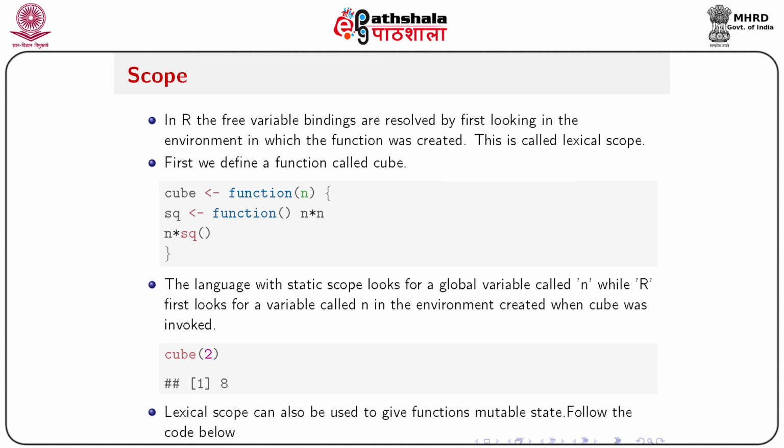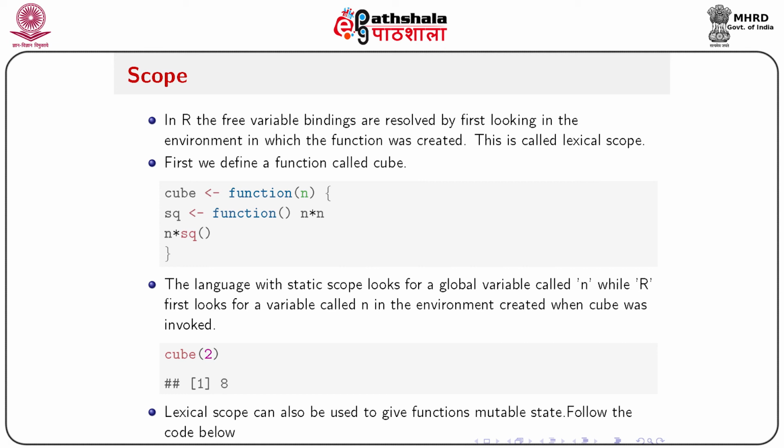First we define a function called cube, say cube function n, and the square function I'm defining within that is square n into n, and n into square. When defining the square, n is already defined, so we can easily use it there itself. So it looks in the environment where n is already defined by the cube function, so you can call it anywhere, even if n is not at all a global variable.